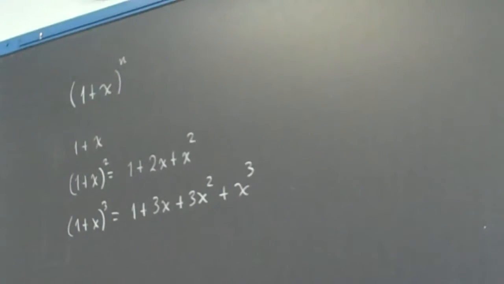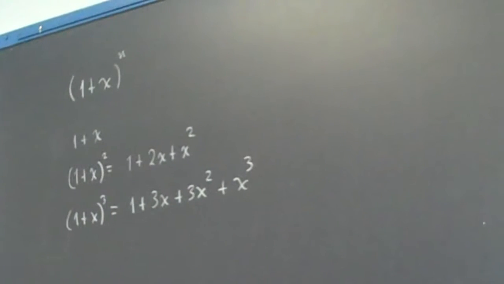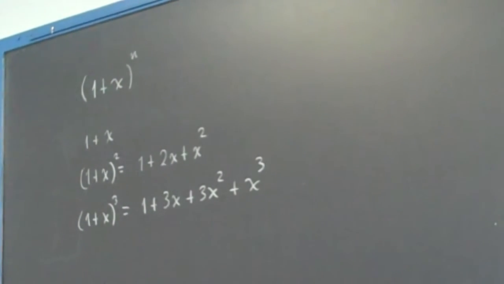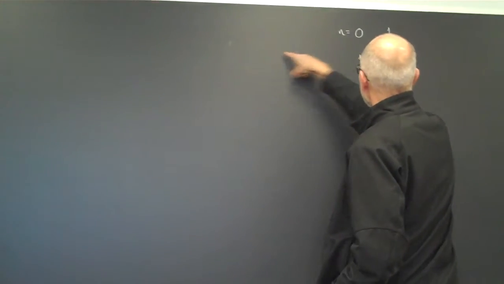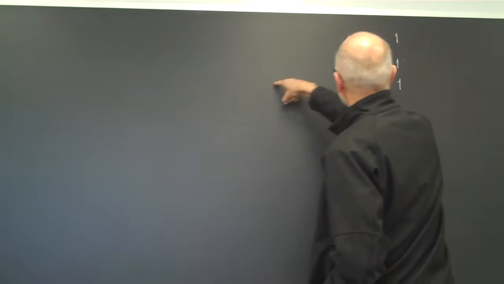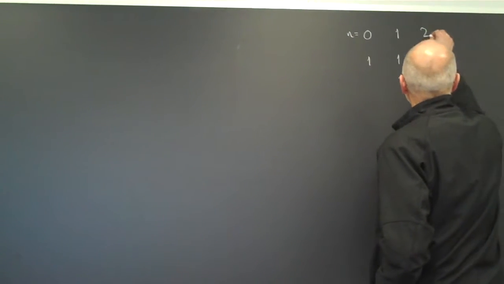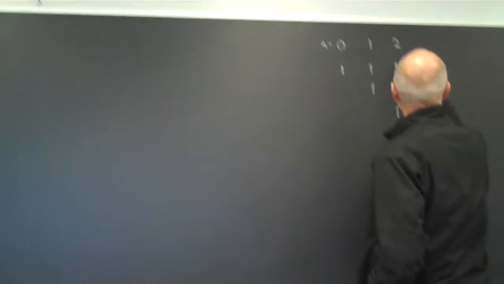So if I let n be, say, equal, I'm going to start the table at 0. 1 plus x to the 0 is just 1, right? So my coefficient is 1. For 1, I get a coefficient of 1, and 1 here. This is the constant row, and here's the x row. And for 2, I get 1, 2, 1. That's what we just worked out.